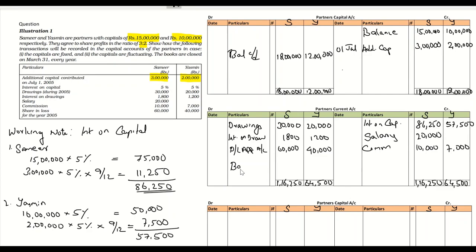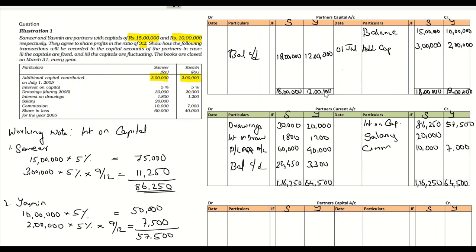Now the closing balance will be 1,16,250 minus 30,000 minus 1,800 minus 60,000. It will be 24,450. And for Yasmin, it is 64,500 minus 20,000 minus 1,200 minus 40,000. It will be 3,300.